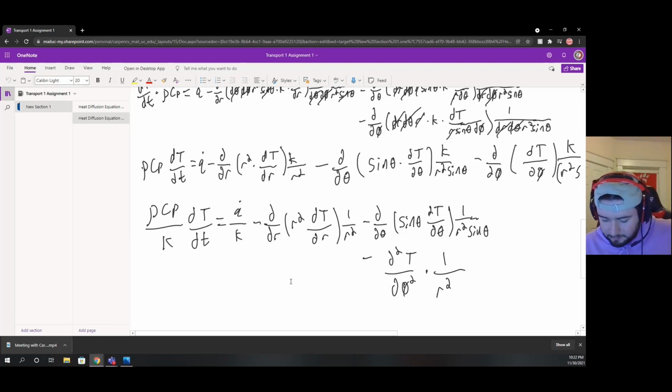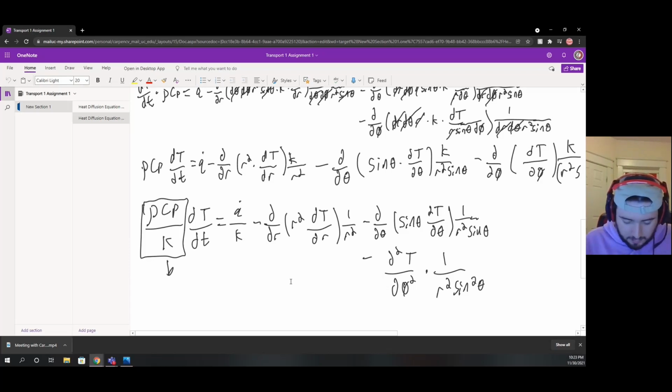And so this value right here can be broken down into 1 over our thermal diffusivity constant. So let's just rewrite this whole thing.